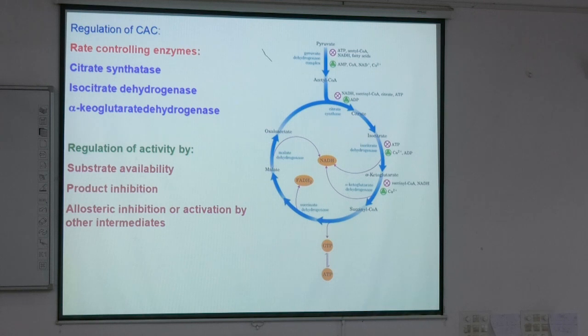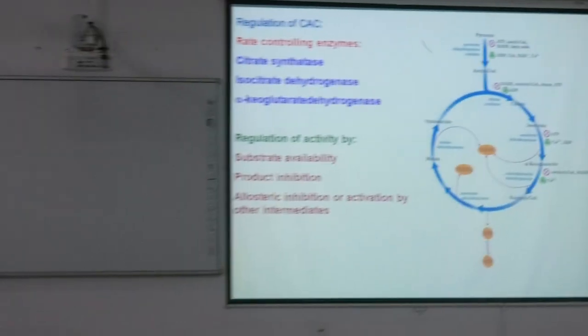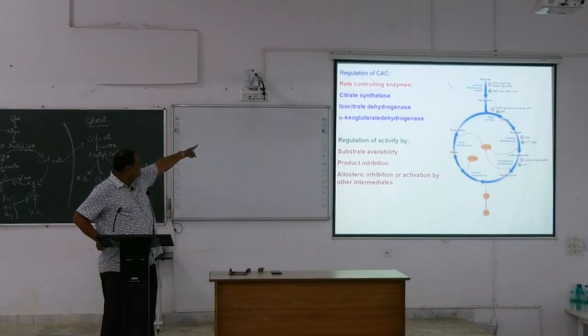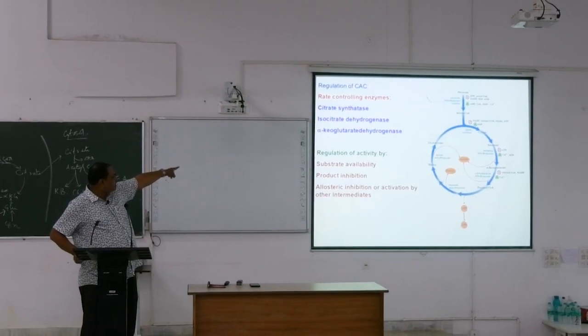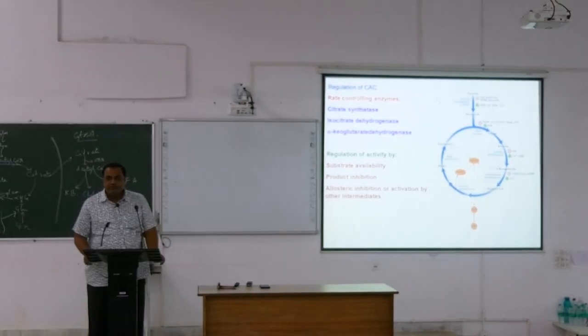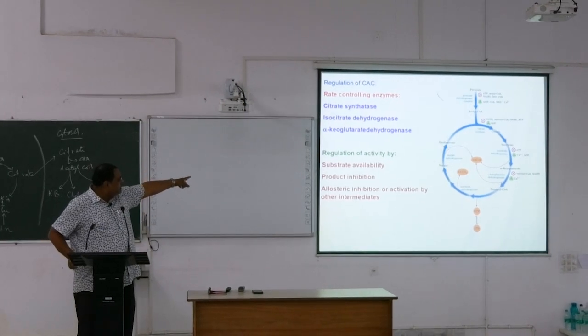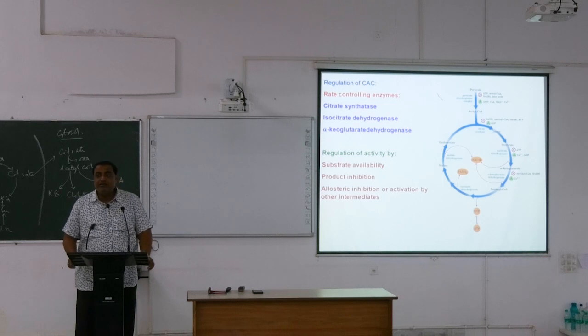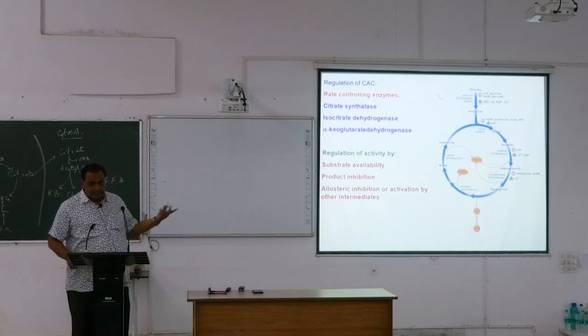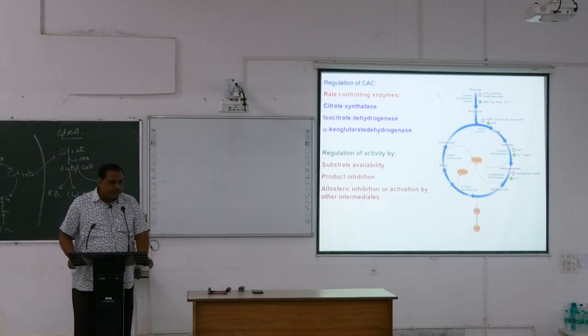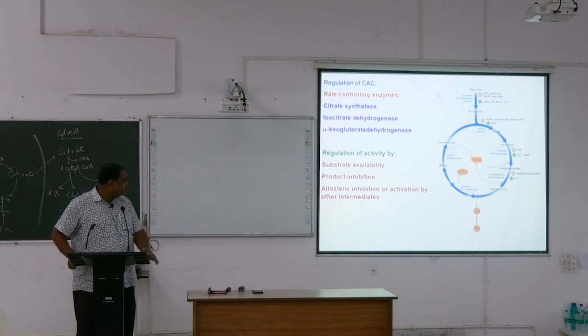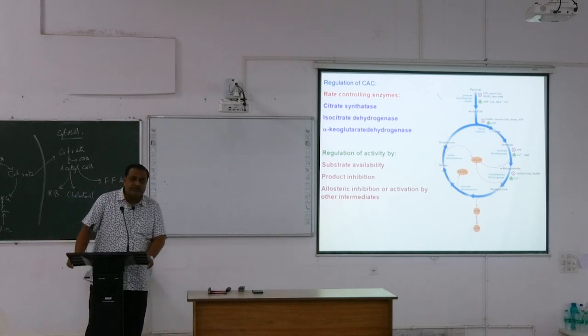The rate limiting steps of the TCA cycle, the 3 irreversible steps: citrate synthase, isocitrate dehydrogenase, alpha ketoglutarate dehydrogenase. Rest all are reversible. Next, it is regulated by substrate availability. Next is product inhibition, allosteric inhibition or activation by other intermediates.